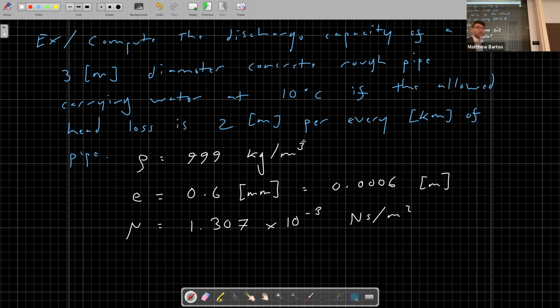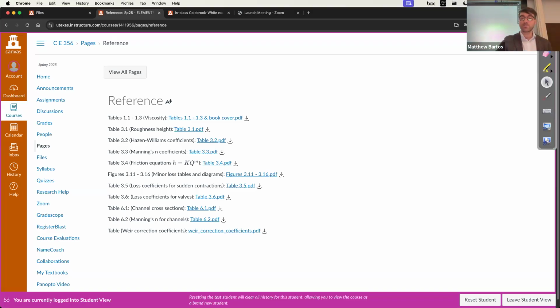The easiest thing to do is to just assume that delta x is equal to 1,000 meters, and thus our head loss is equal to 2 meters. With that, we should be able to just adapt our existing spreadsheet.